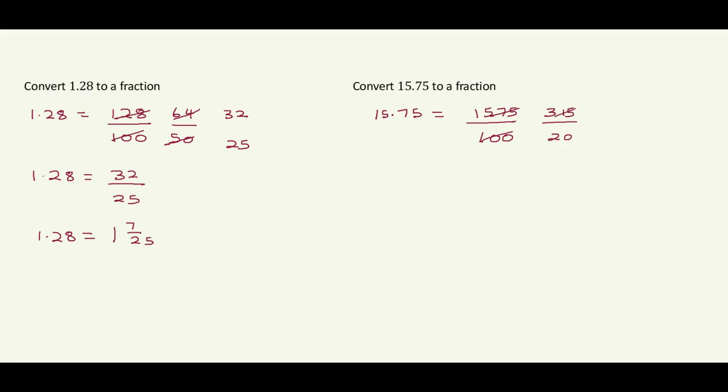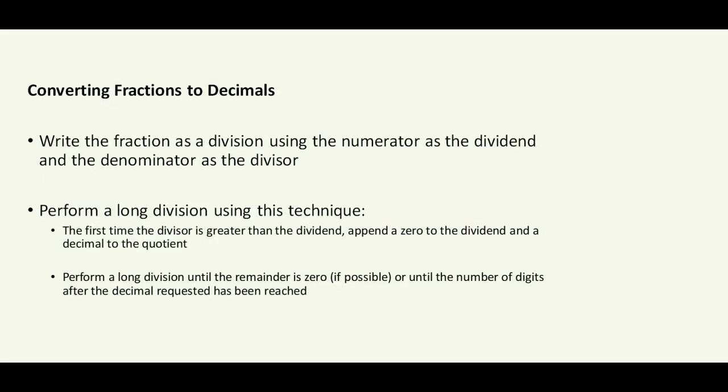We can divide further again by 5, we have 63 divided by 4. So 15.75 is 63 divided by 4. You can also write it as 15 and 3 over 4.